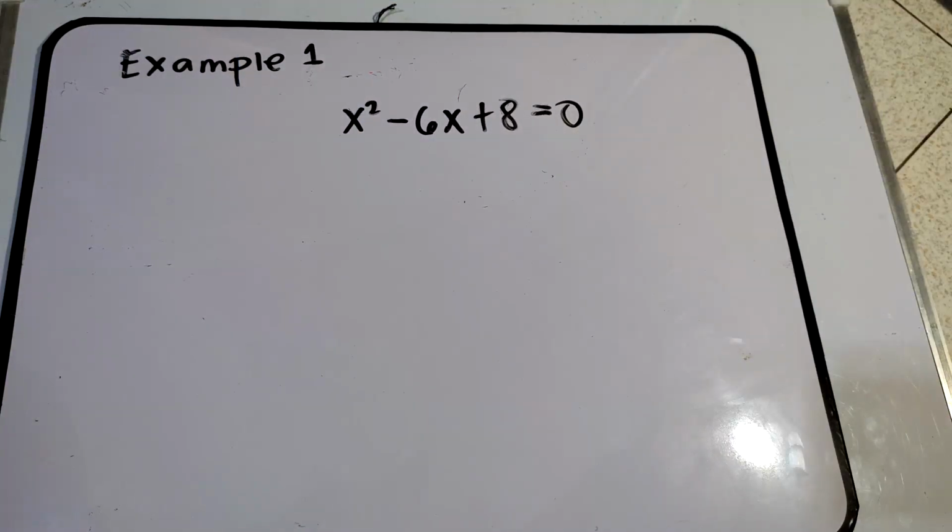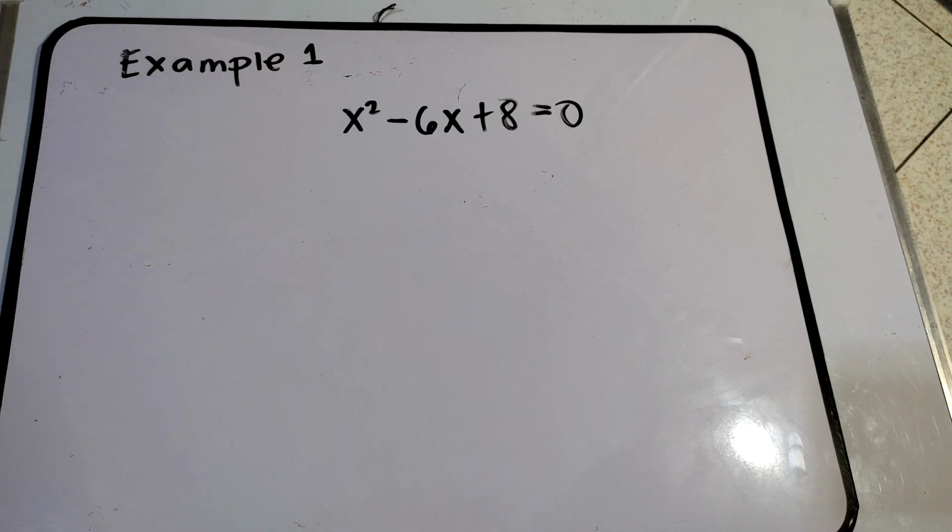In our example, x squared minus 6x plus 8, we'll have to follow the steps on solving quadratic equation by factoring. So the first step is to write it on standard form. But as you can see, the problem or the equation is already on standard form.